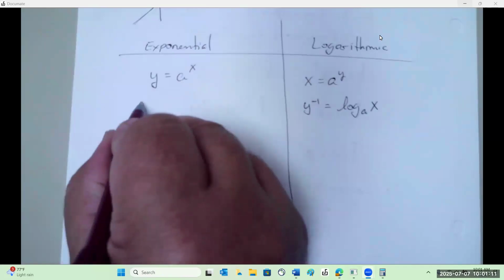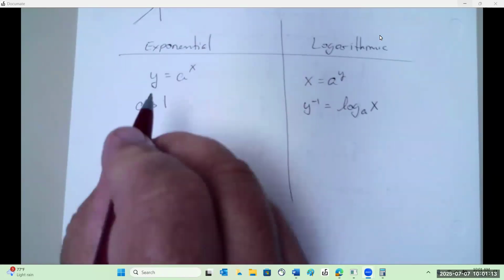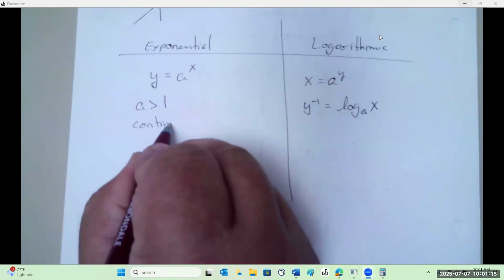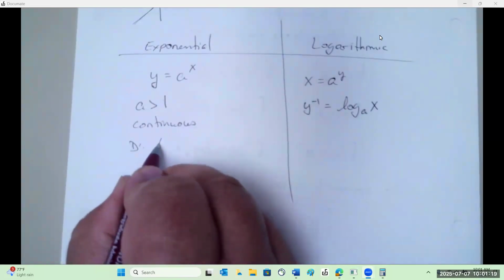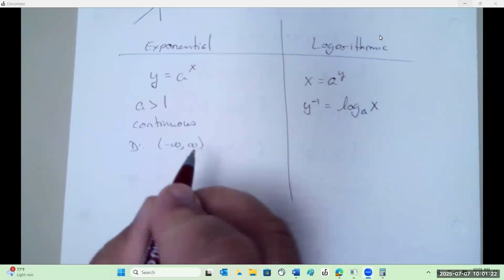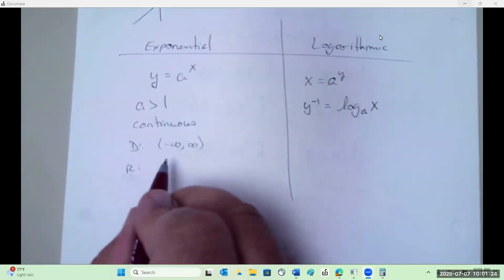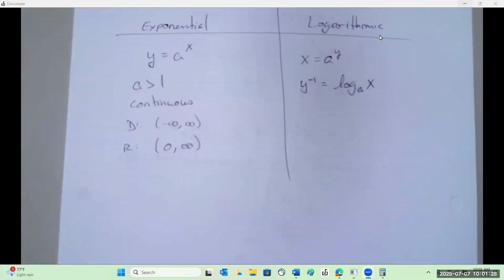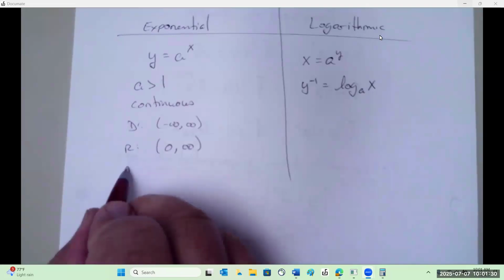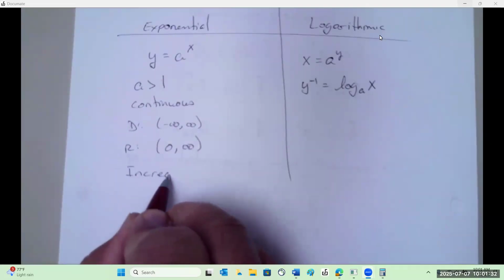The conditions for this one, remember, it has to be greater than 1, has to be continuous. The domain is all real numbers. The range is greater than 0. It's an increasing function.